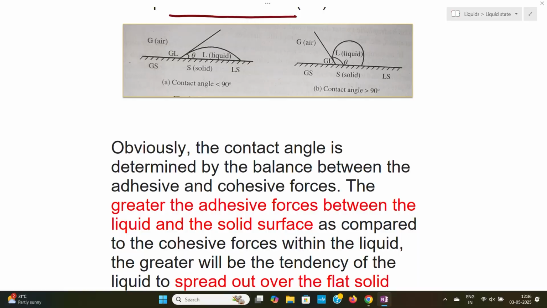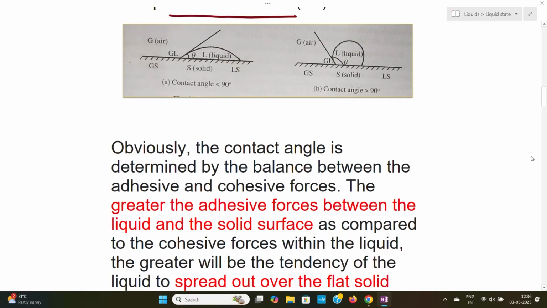If the strength of the adhesive forces between the solid surface and the liquid molecules is strong, then the contact angle will be less than 90 degrees. When the strength of the adhesive forces between the liquid and the solid surface is less, then the contact angle will be greater than 90 degrees. That is written here.